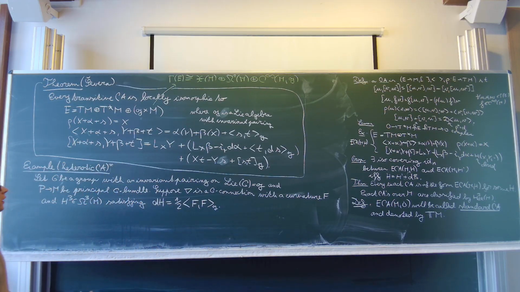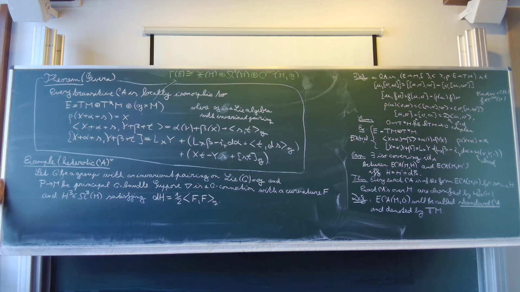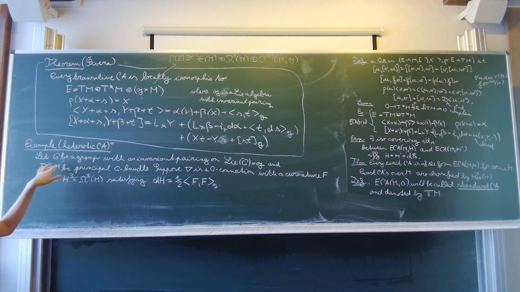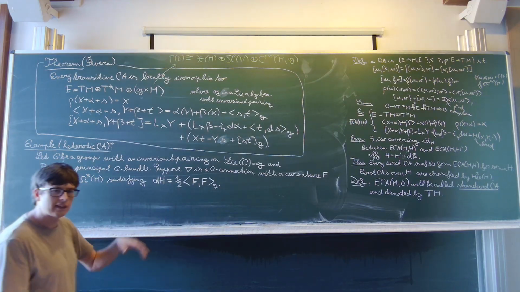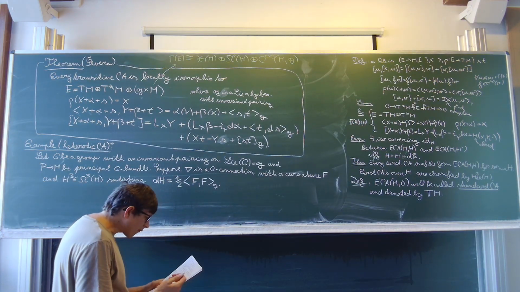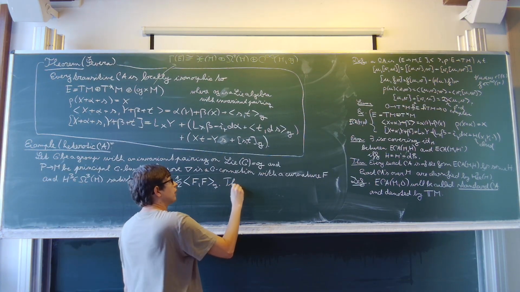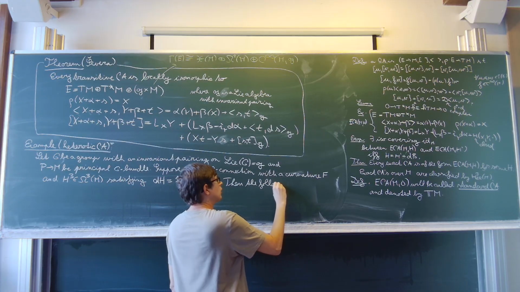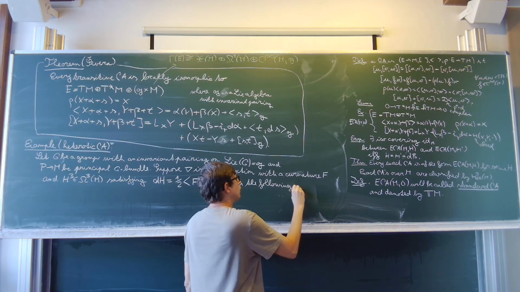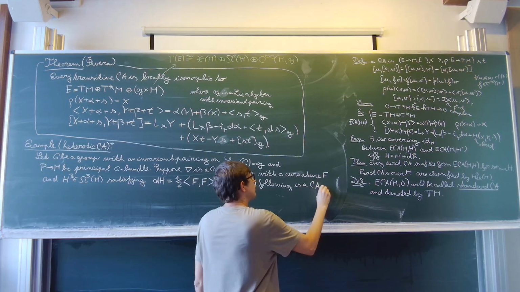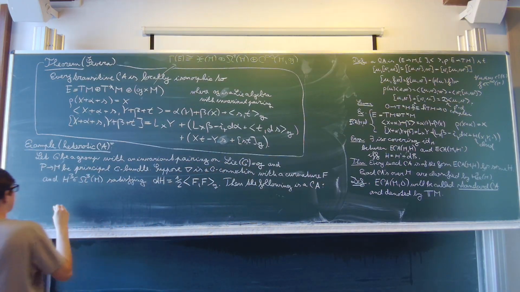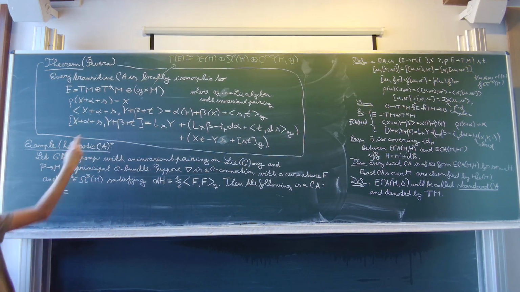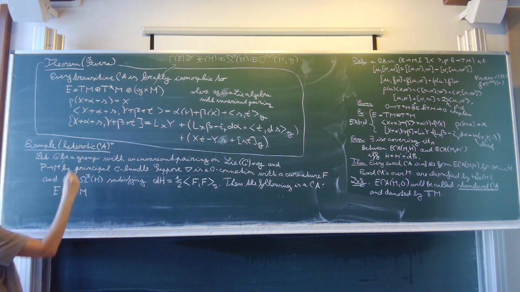Okay, so the data that I want to start with is a principal G-bundle with a connection and a three-form satisfying this thing, which some people call the anomaly cancellation equation. And then the claim is that the following is a Courant algebroid, a more global version than the preceding example.